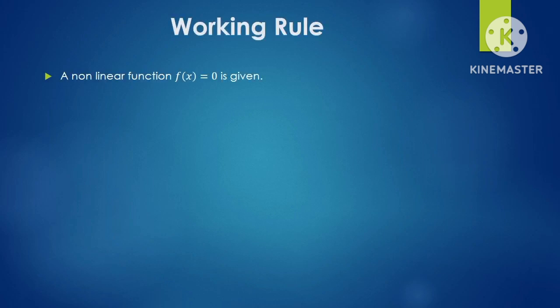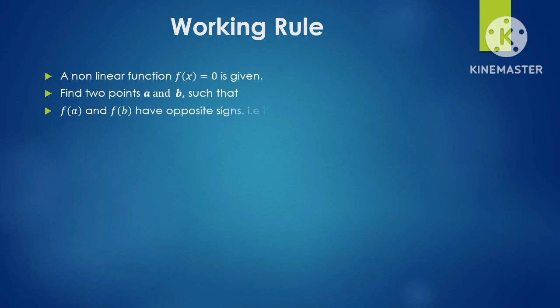We first will discuss its working rule or algorithm. A nonlinear function f(x) = 0 is given. Find 2 points a and b such that f(a) and f(b) have opposite signs.